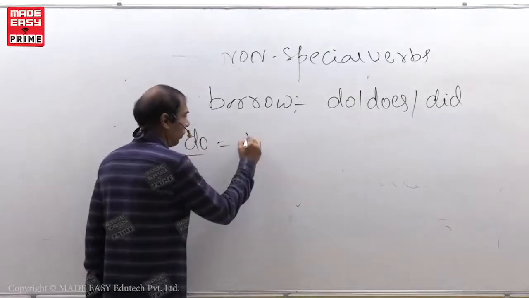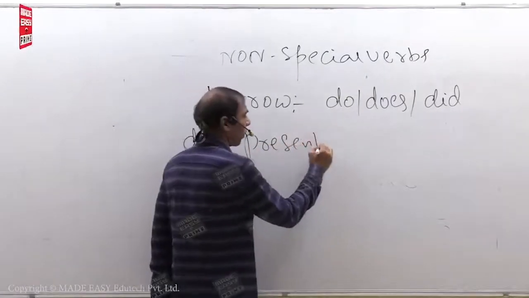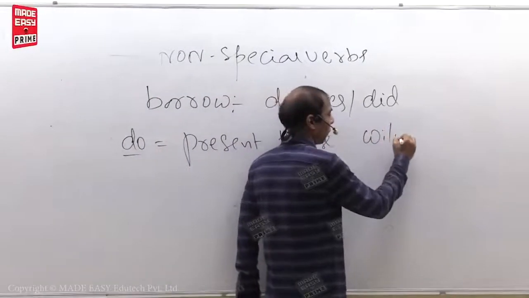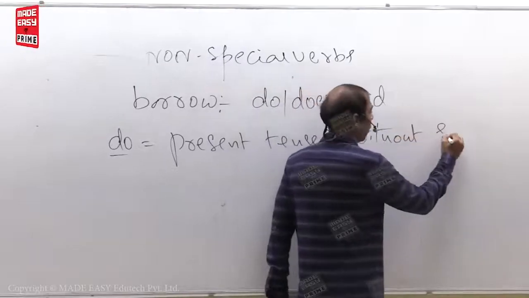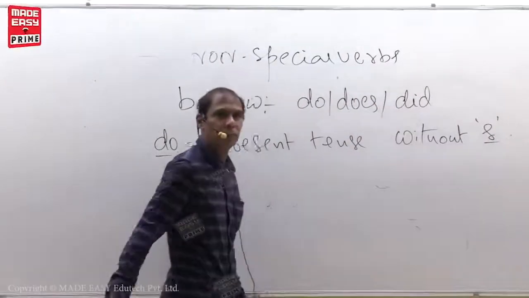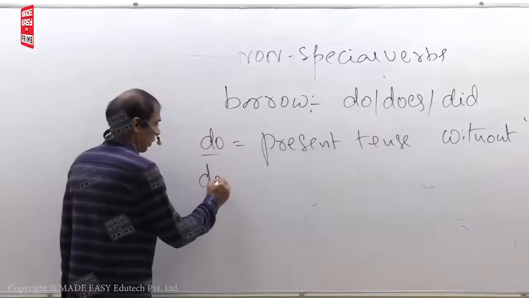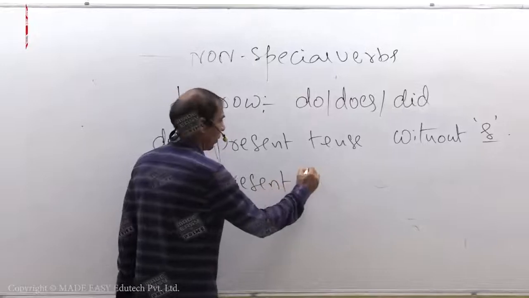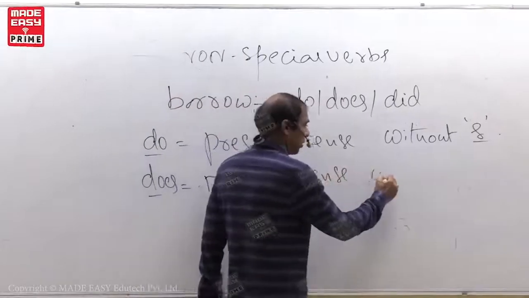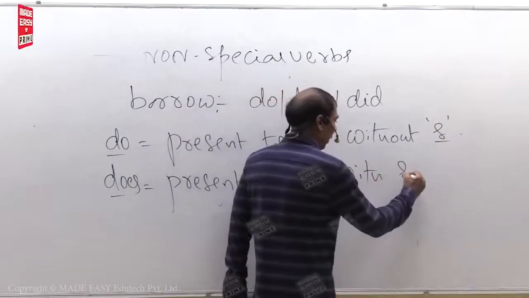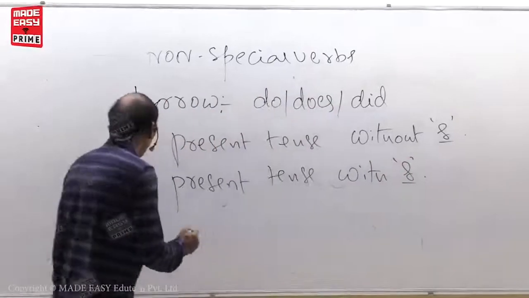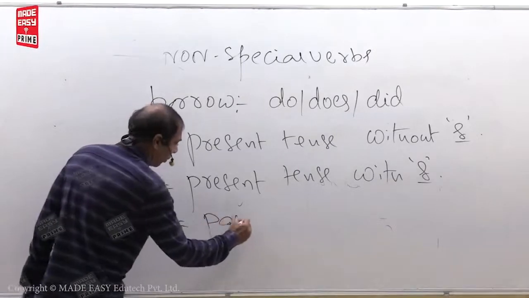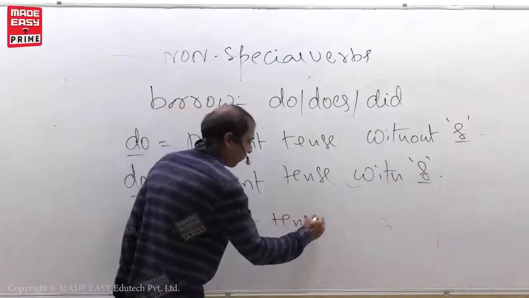Do is equal to present tense without s. Does is equal to present tense with s. Did is equal to past tense.